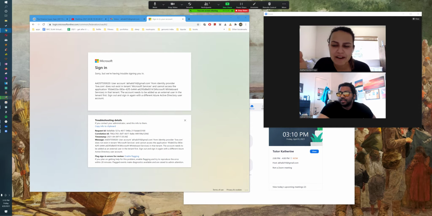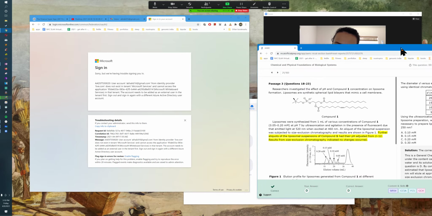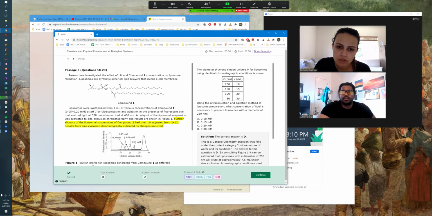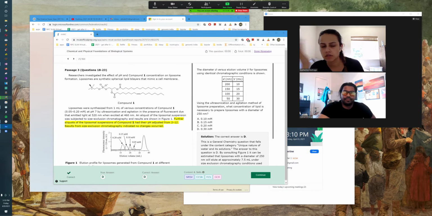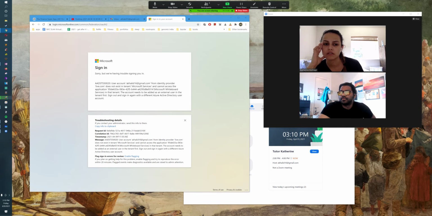What I was trying to do is, if the elution volume for a diameter of 200 was 10 milliliters, then it needs to be more than 10. It needs to be more than that concentration for 200 since it's 250.